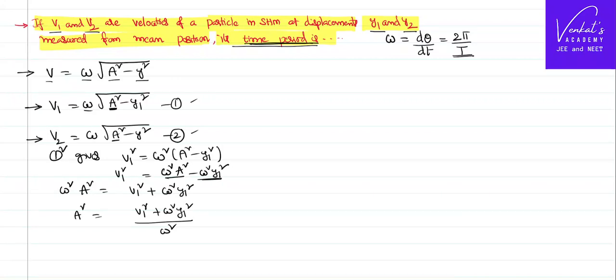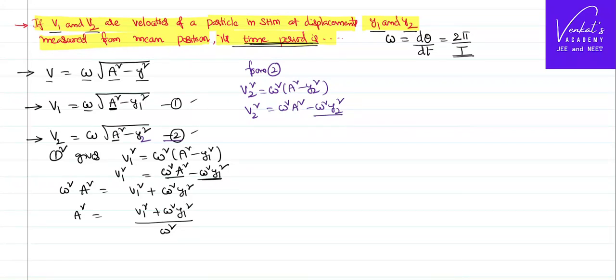I can do the same from equation number 2. I will square the equation: v2 square equal to omega square into a square minus y2 square. So v2 square equals omega square a square minus omega square y2 square.